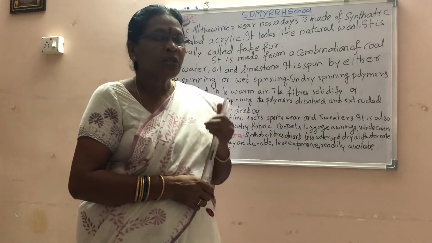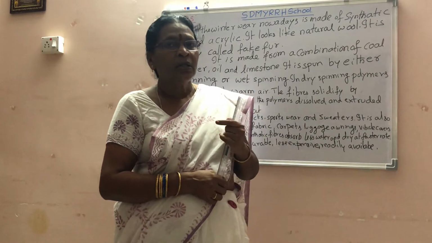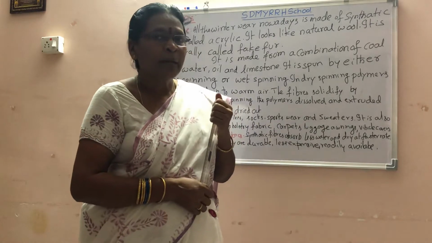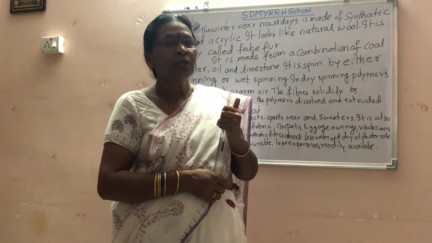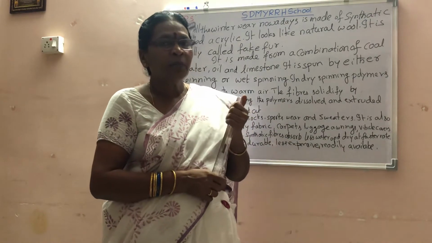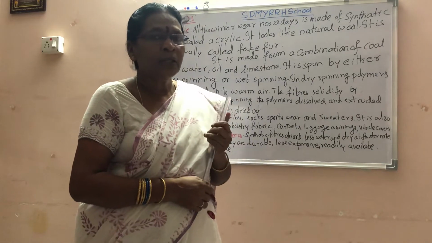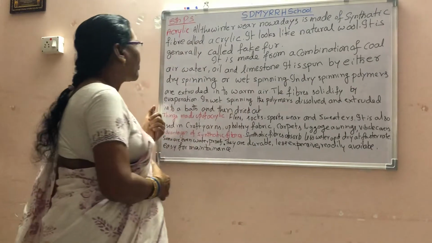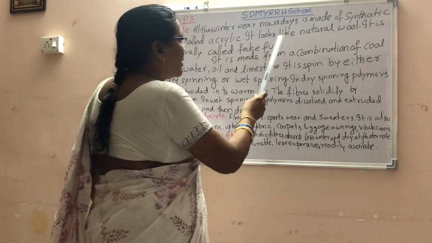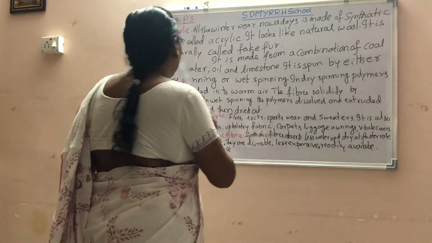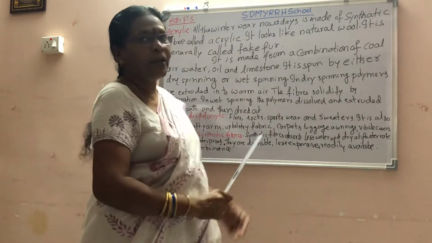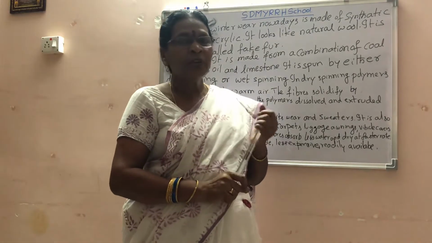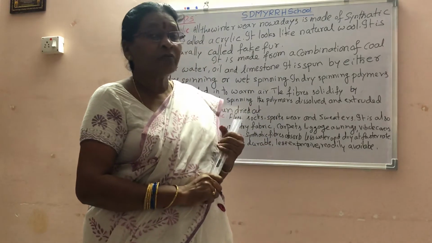If it were original wool, the cost would be so high that a common man could not buy it. But acrylic wool, all the people, the common man, can buy it and use it. It looks like natural wool. It is generally called fake fur. Fake fur means it is not original fur.